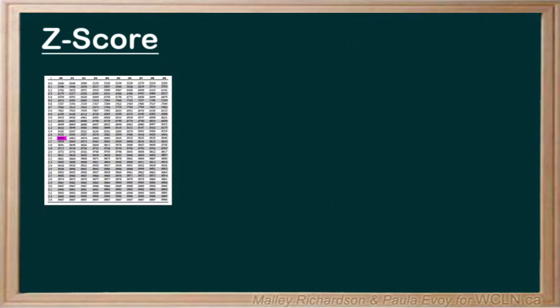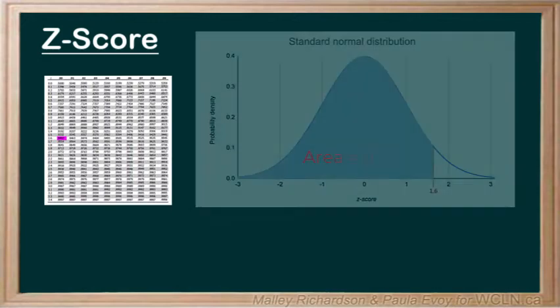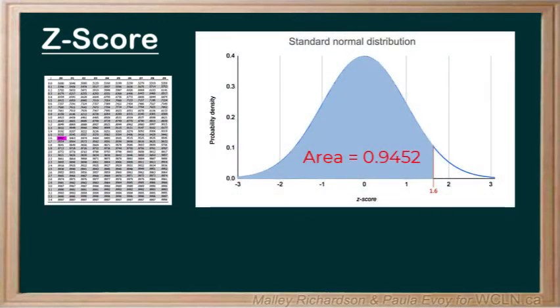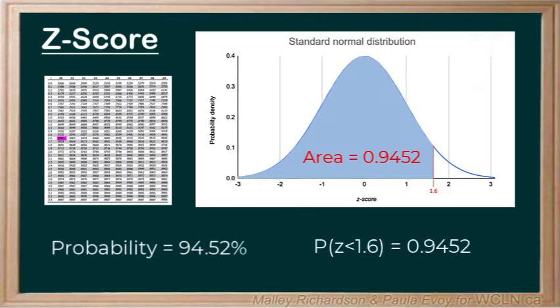A z-score of 1.6 has an area of 0.9452, or a probability of 94.52%. To say this in a more mathematically correct way, we say the proportion of z less than 1.6 is 0.9452.